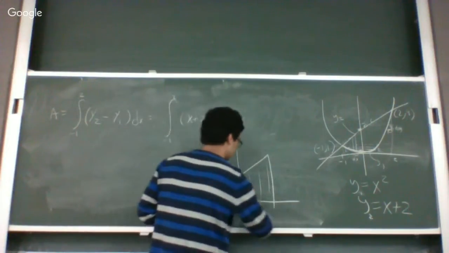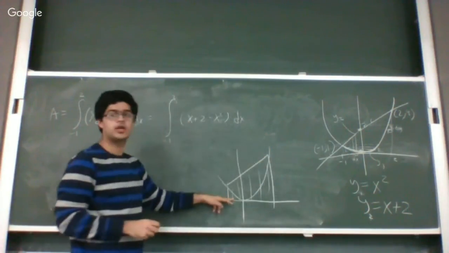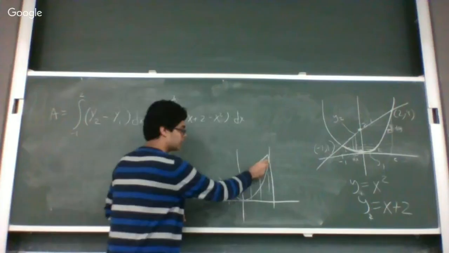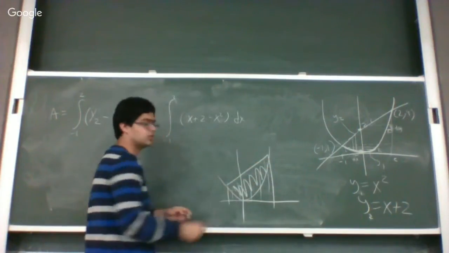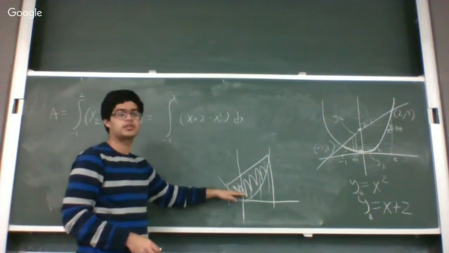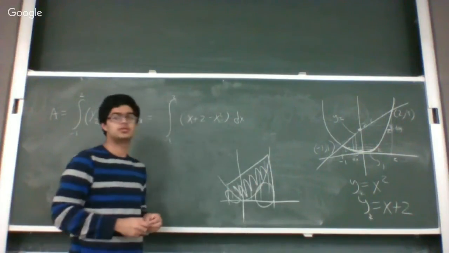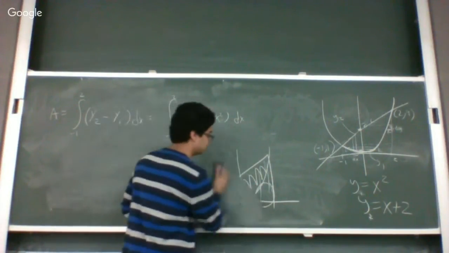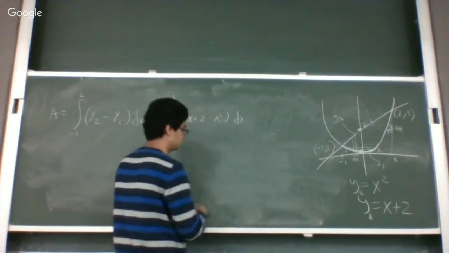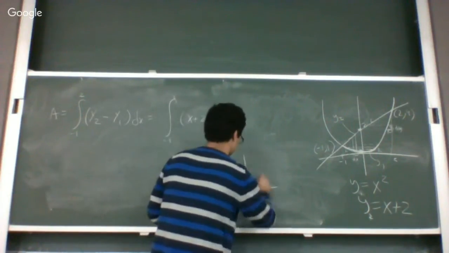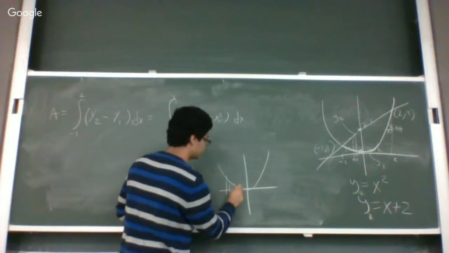When we include x squared, we only want this area. When we take the integral of x squared, it tells us what's under it, because taking the integral is basically drawing little rectangles underneath it.